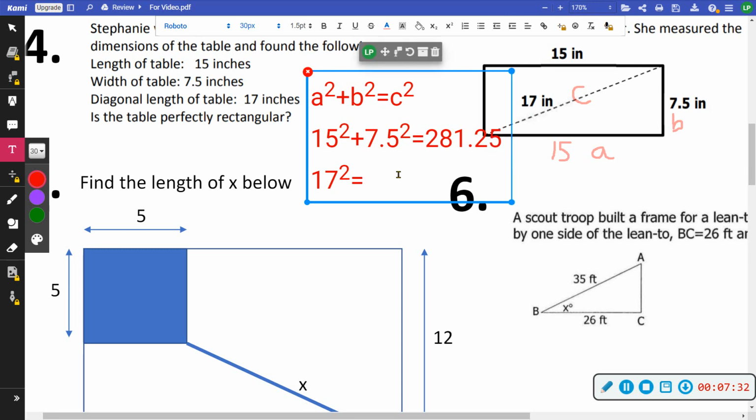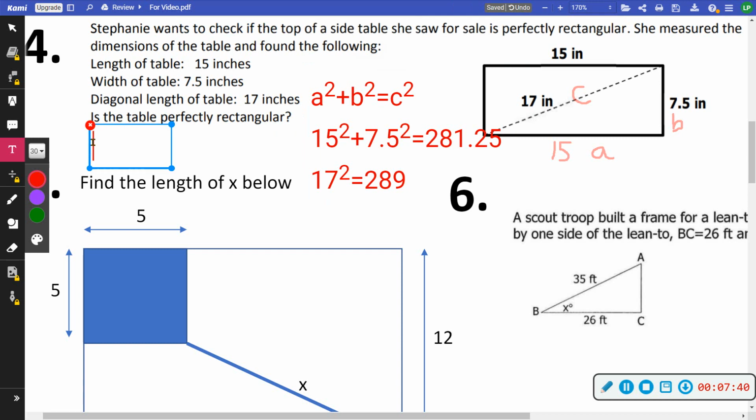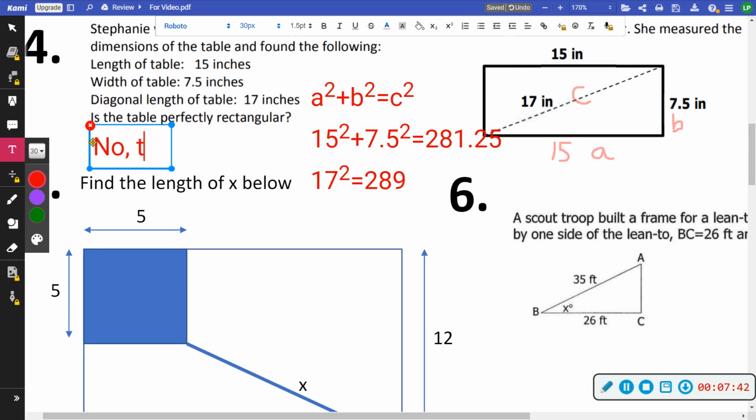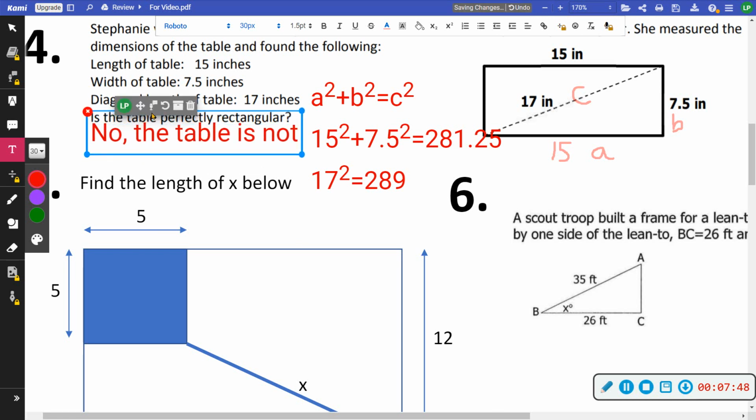When I punch 17 squared in my calculator, I get 289. Because those numbers are not the same, I would say no. The table is not perfectly rectangular.